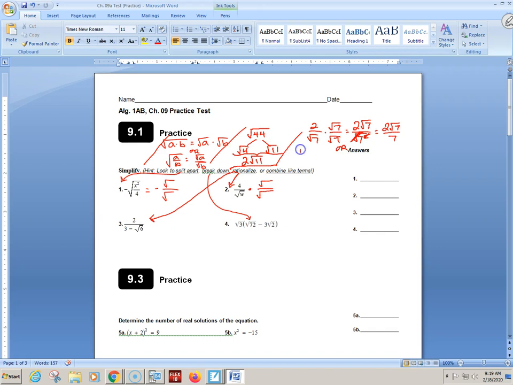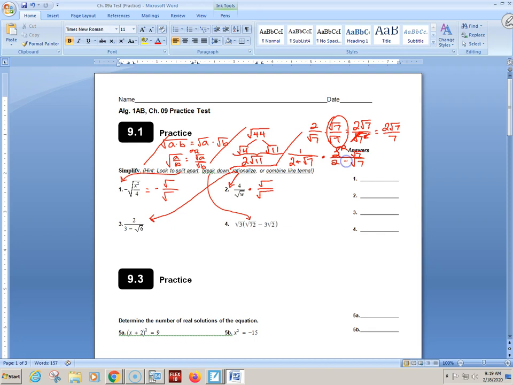But that's not quite so easy when we have a plus or minus. If we had something like 1 over 2 plus root 7, I can't just multiply by root 7 over root 7 anymore. That only works when I have a single root. What do I multiply by when I have a plus or minus? It's the same thing, but I need to do one thing that changes it. What's the sign in between?